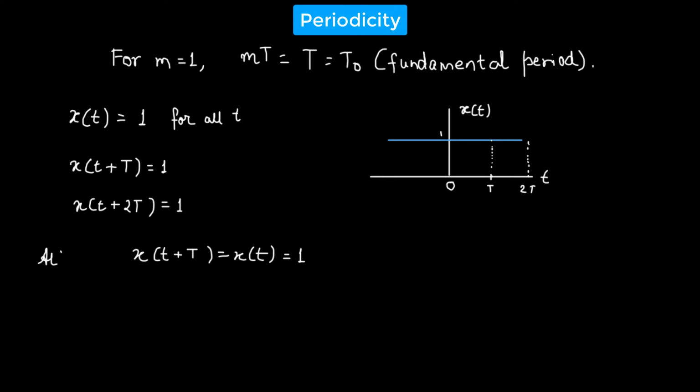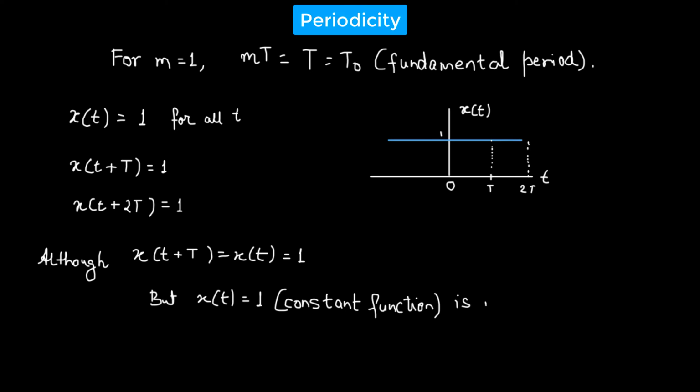Although this is true, x of t is equal to 1, a constant function, so let's write it down. This constant function is not periodic in nature.